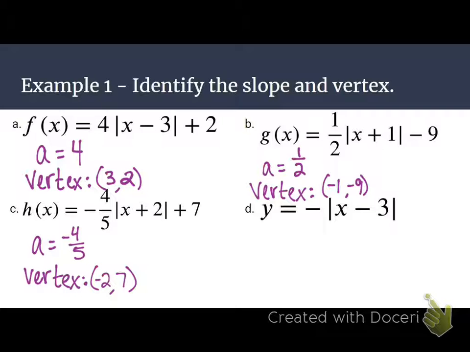I have a question about how you get the vertex. Like, it's a 1, but how do you get negative? So on the slide before, it showed us that the general formula was equal to a, parentheses x minus h, not parentheses, absolute value bars, and then plus a k.